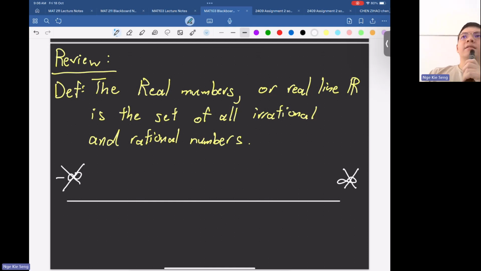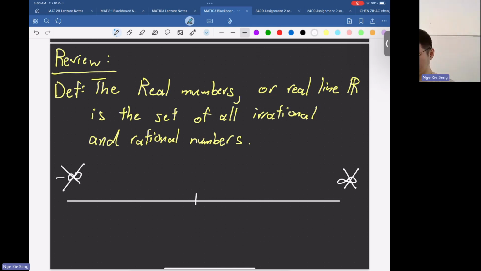Any idea? Maybe one of you give one. Let's start with Bomping. What do you think is inside this line? All the integers.